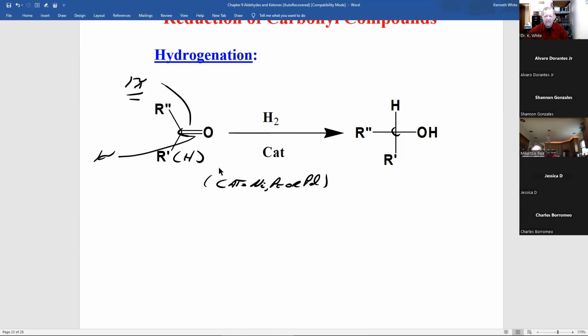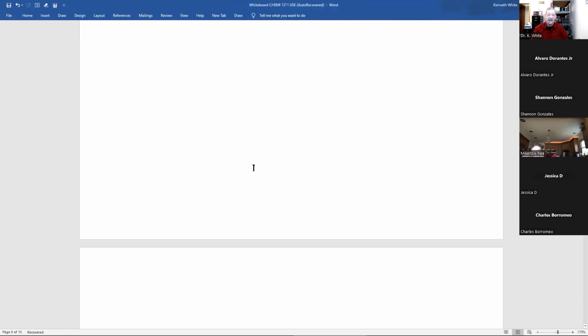You break the pi bond, and each atom of the double bond gets a hydrogen, and you make an alcohol. Now, this is a neat reaction because Mother Nature has a lot of ketones and aldehydes that we can convert to alcohols that are in our daily products. And later on in the semester, I'll talk about one.